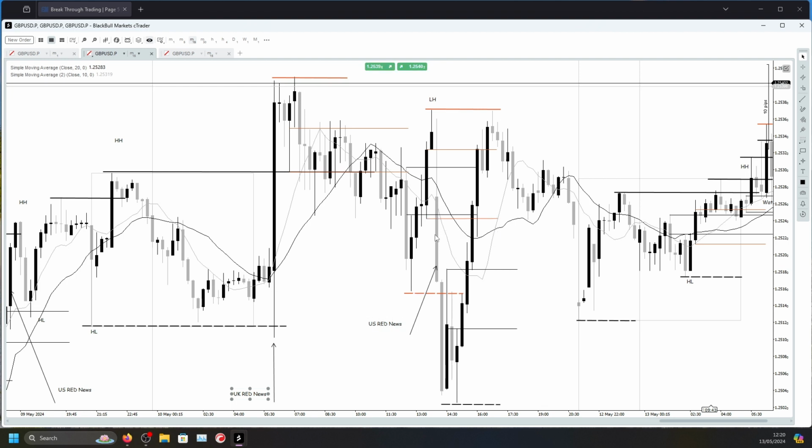The US red news broke below that 7 a.m. candle there, but basically, I didn't take any trades, and there wasn't really anything happening to get involved with on Friday.